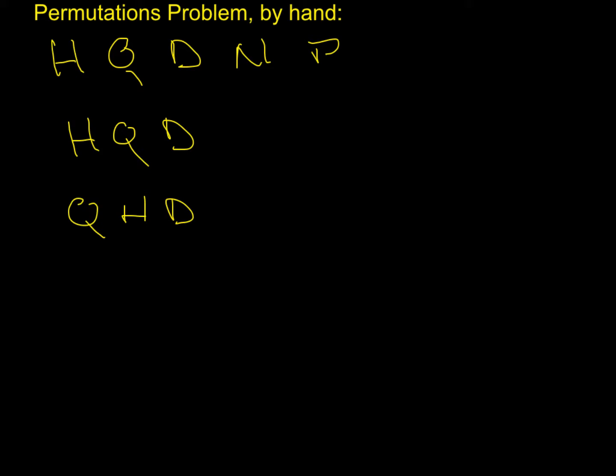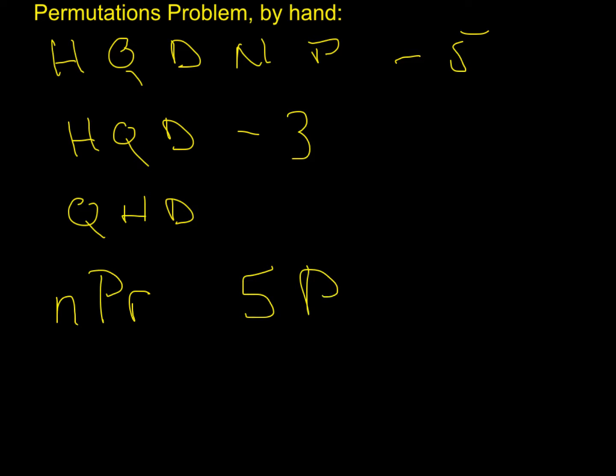So the formula for calculating permutations, sometimes written as nPr, where n is the total I have available, which is 5, and r is the group size, which is 3. So I would write this as 5P3. So for permutations, it's n factorial divided by n minus r factorial.